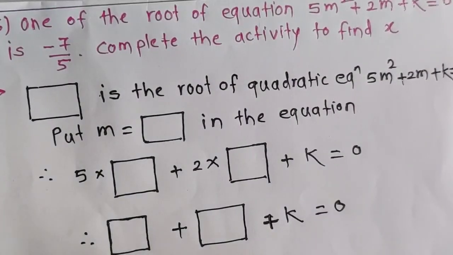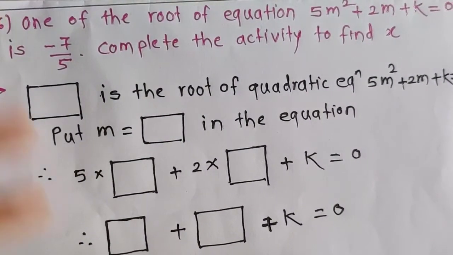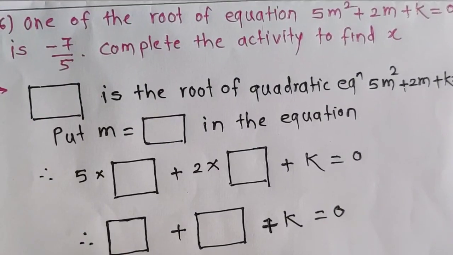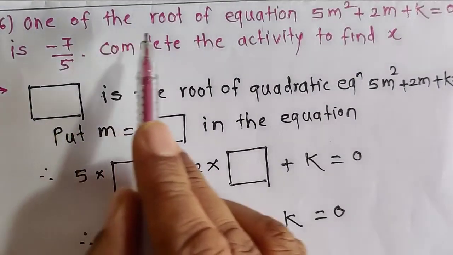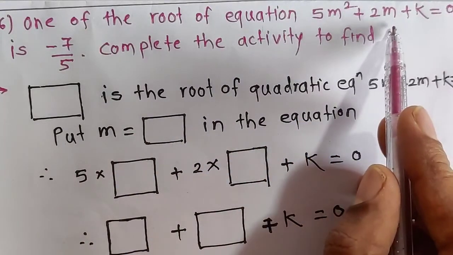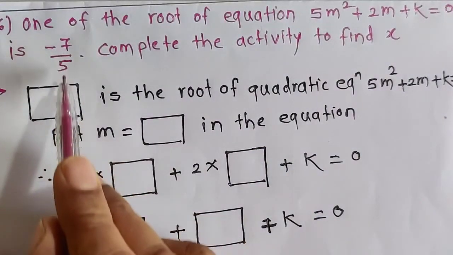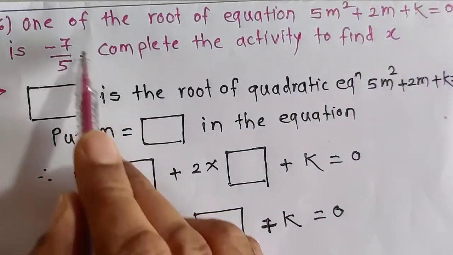So here it is the last sum from practice set 2.1, that is sixth sum. Here it is similar to the fifth one. One of the roots of the equation 5m square plus 2m plus k is equal to 0 is minus 7 by 5. The number is a fraction.